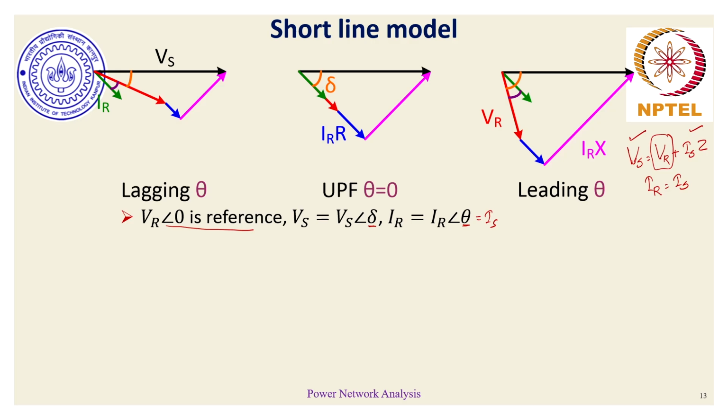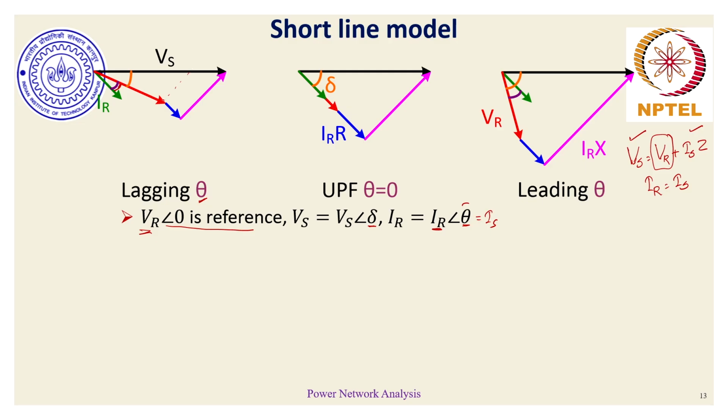For lagging power factor, the receiving end current is lagging the receiving end voltage by an angle theta. So theta is marked as this purple colored line, which you see over here. IR is lagging the receiving end voltage. The corresponding sending end voltage magnitude is typically more than the receiving end voltage magnitude.